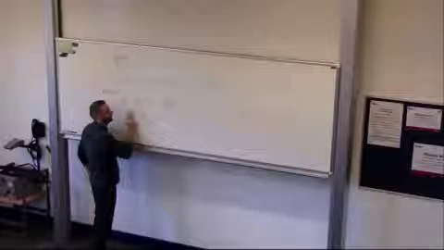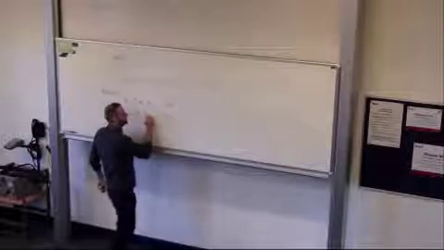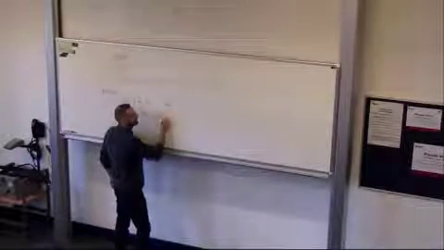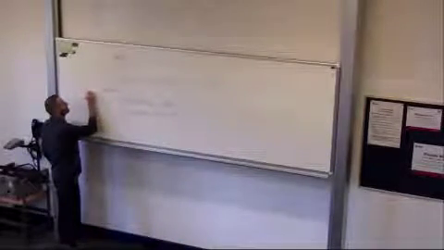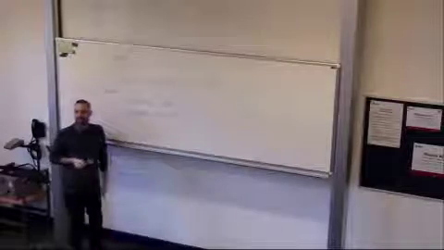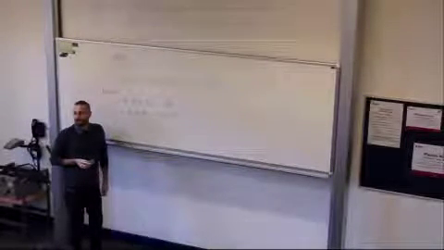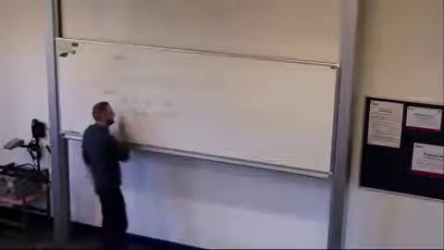They span the vector space, so L of W1, W2, and Wn is the space. And the second property is what? Correct. Well done.